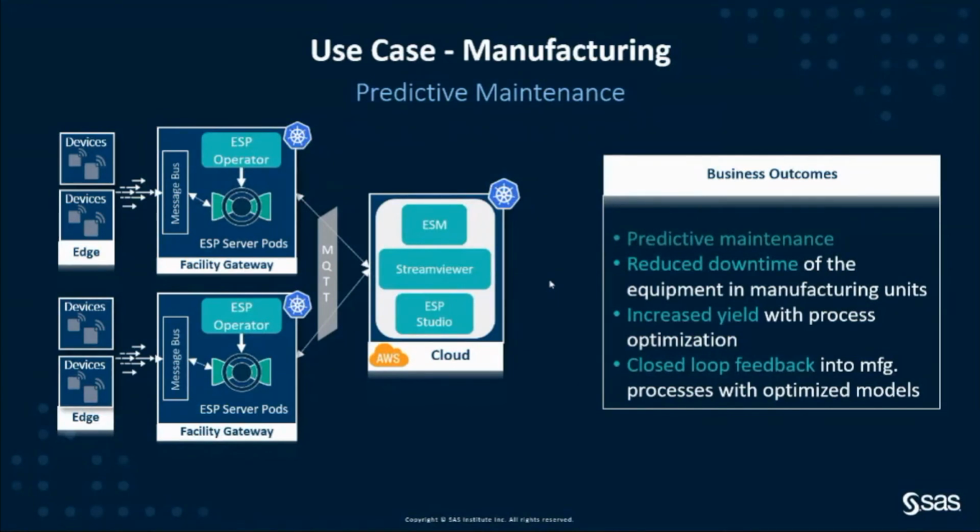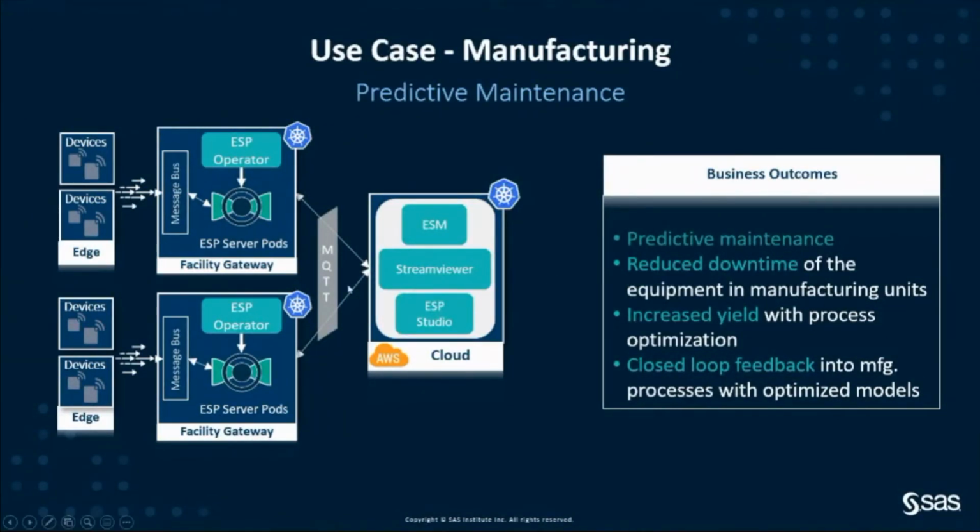As the business outcome, we were able to reduce the downtime, because we knew when the machine or the equipment could go down. Because of this, we also saw increased yield, and we had a closed loop feedback that was telling the manufacturing processes where we need to optimize the model, and we were deploying the new models.